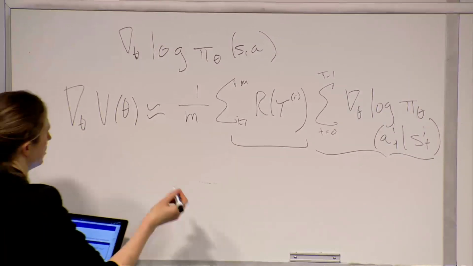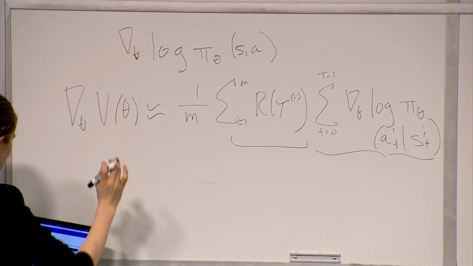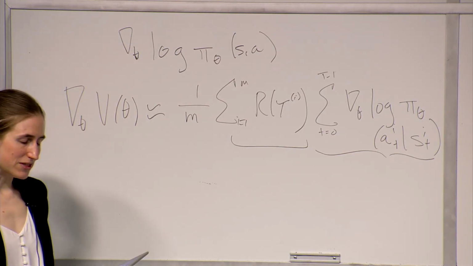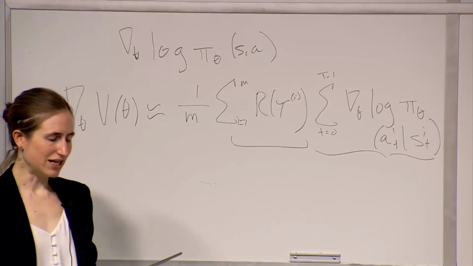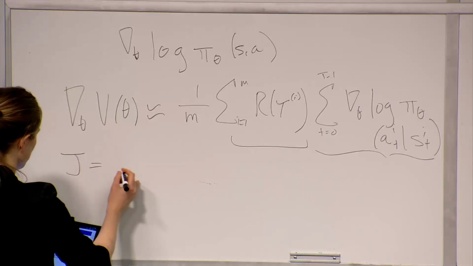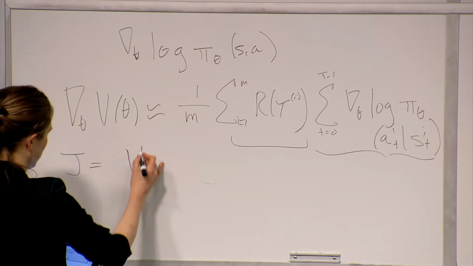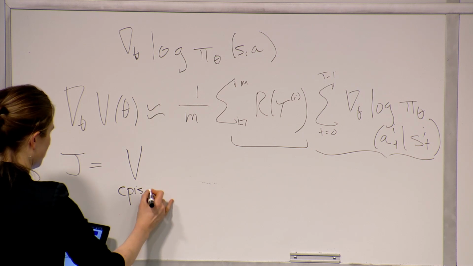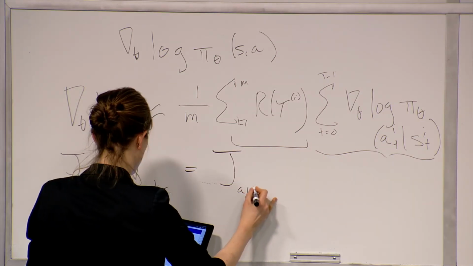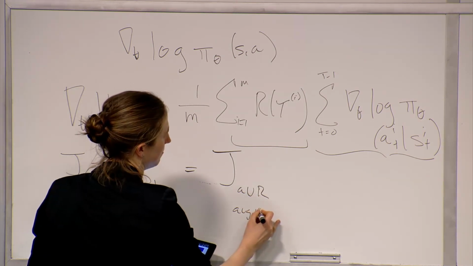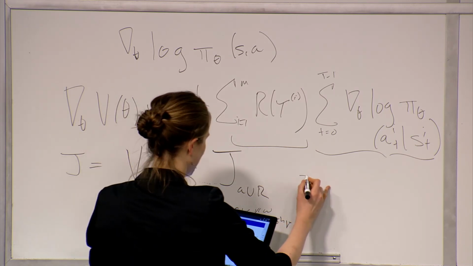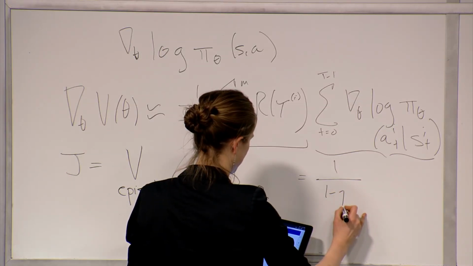So this is a value function. Let's say that we had slightly different objective functions. We talked before about how we could have episodic reward, average reward per time step, or average value. So we could either have our objective function be equal to our normal value for episodic, or we could have it equal to what I'm going to call J_AVR, which is average reward per time step. Or we could have it as average value.